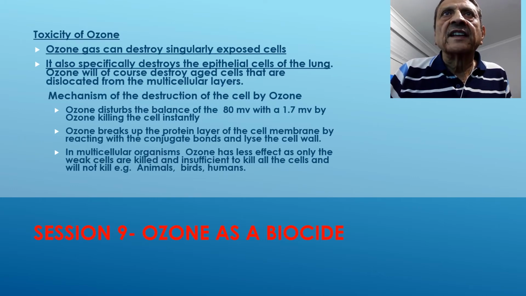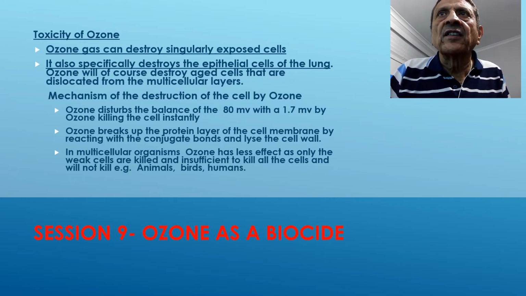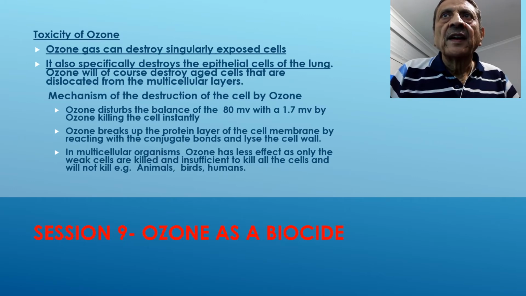Once the cell is dead, the cell breaks down. The ozone also reacts with the protein layer of the cell membrane, the phospholipid layer, and it reacts with the conjugate bonds and will cause the cell wall to lyse.